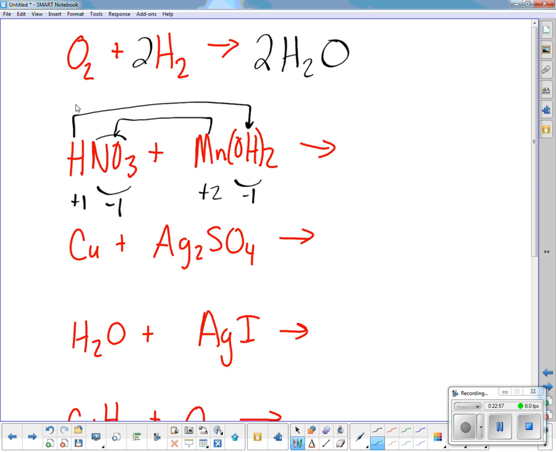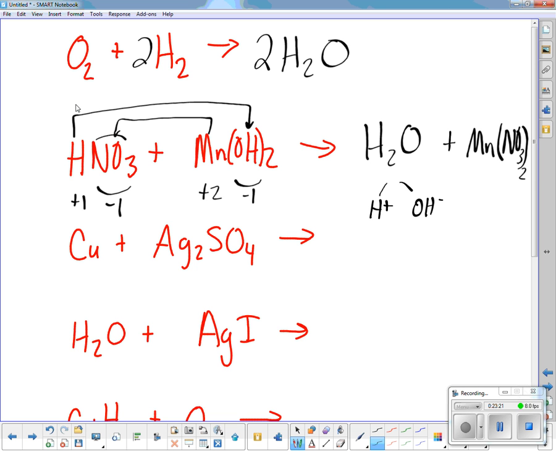So we're going to make water, H2O. And whenever we have water, it will break down into H+ and OH-, just so that you know. Outsides and insides. So inside we have manganese at a +2 and nitrate, which is a -1. So we're going to need 2 of those.